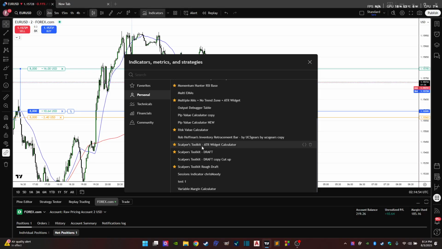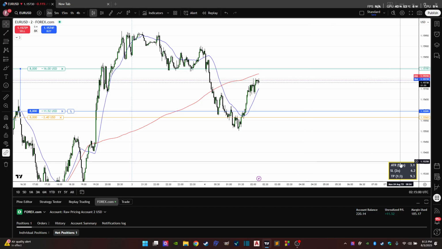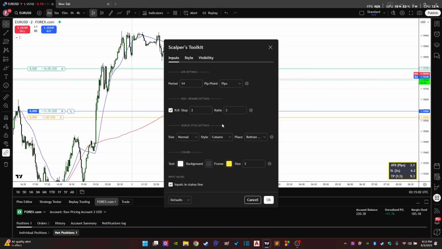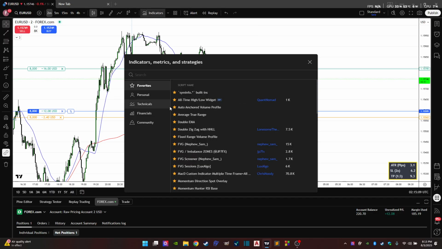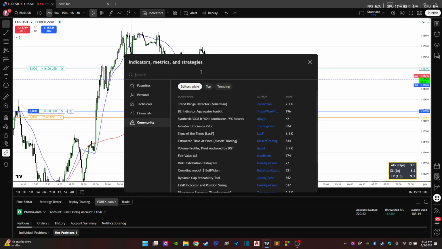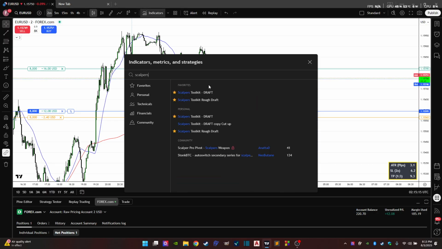And once you load that in, let me see which one I need to use, because it's not showing me the one listed on there through the app. I don't think that's the right one. Might need to go under community. But we'll find the Scalper's Toolkit.